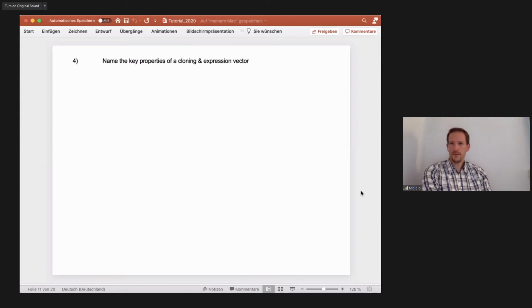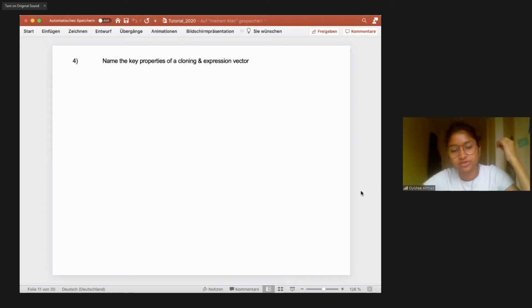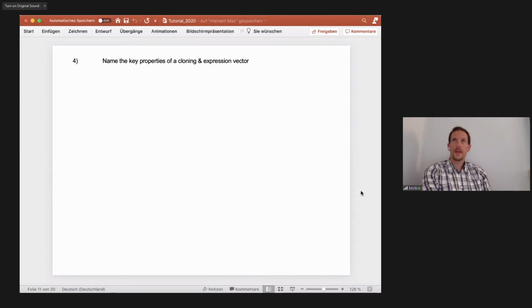What else do you need? An origin of replication. What else do you need? Is it antibiotic resistance genes so that we can monitor the vectors which have been cloned or which have the gene? Yes and no. You can use an antibiotic resistance, but it must not necessarily be an antibiotic resistance.